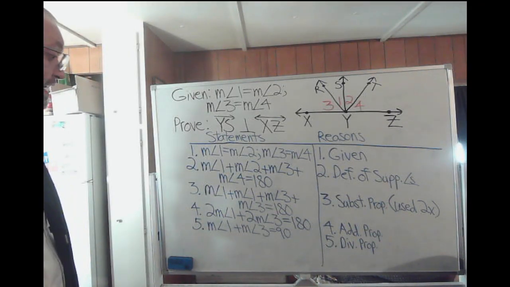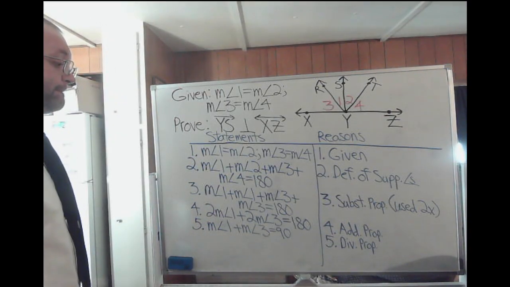So the measure of angle 1 plus the measure of angle 3 equals 90.